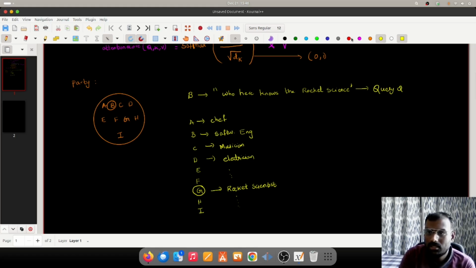So here the dot product will be maximum when we assign the score. The dot product of B and A will be 0, as a chef doesn't have knowledge of rocket science, right? Similarly, a software engineer also doesn't have knowledge of rocket science.